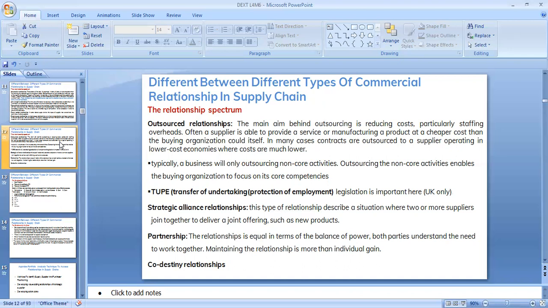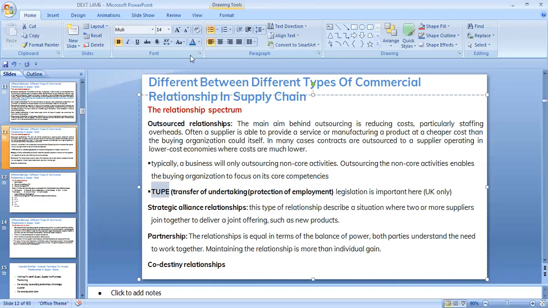Then in the United Kingdom, there is a law put in place for when you want to outsource. Outsourcing is contracting an external personnel, an external organization. Now there's a law called TUPE. Can you see my screen?